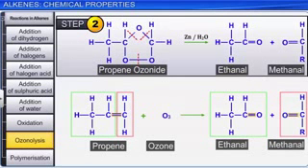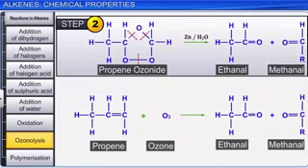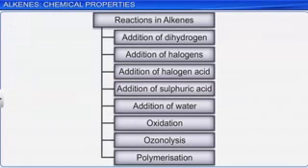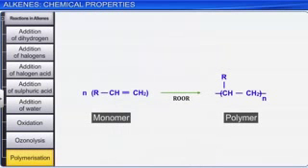Let us move on to the last reaction, that is polymerization. Alkenes undergo addition polymerization reaction when heated under pressure in the presence of suitable catalysts. In this, a large number of molecules of the same species join together to form a giant molecule called a polymer.